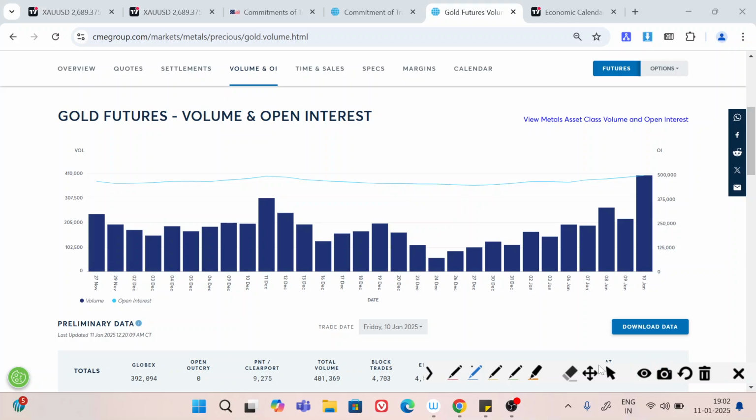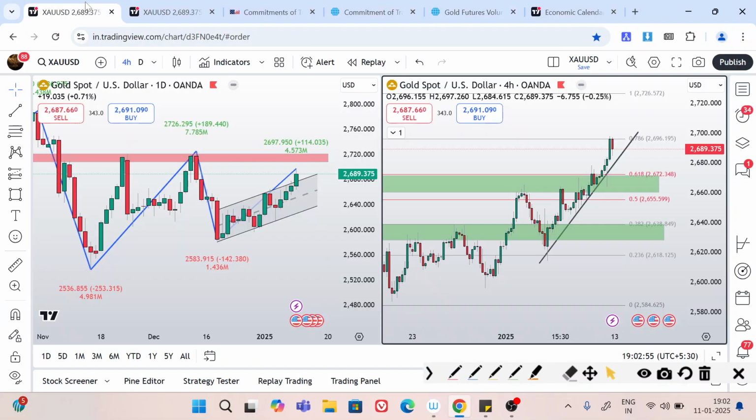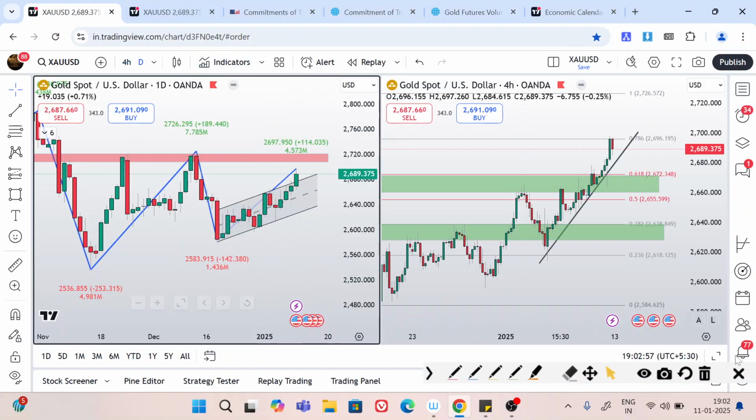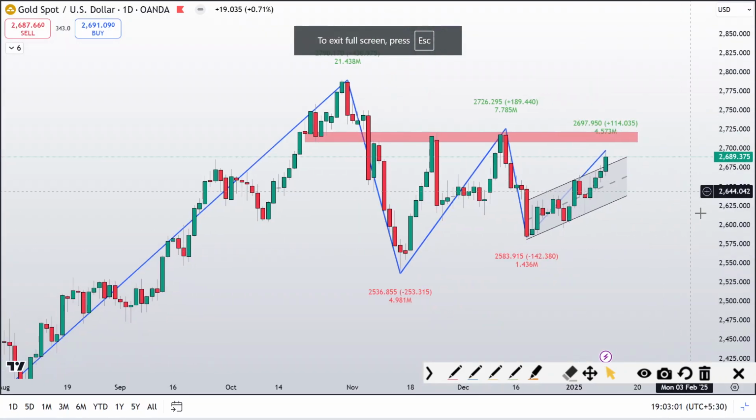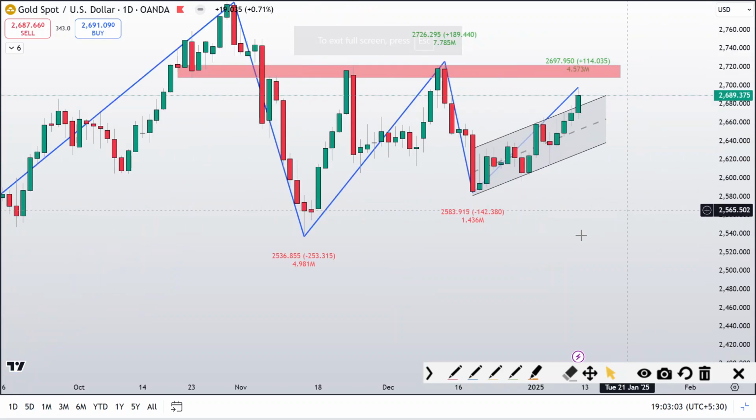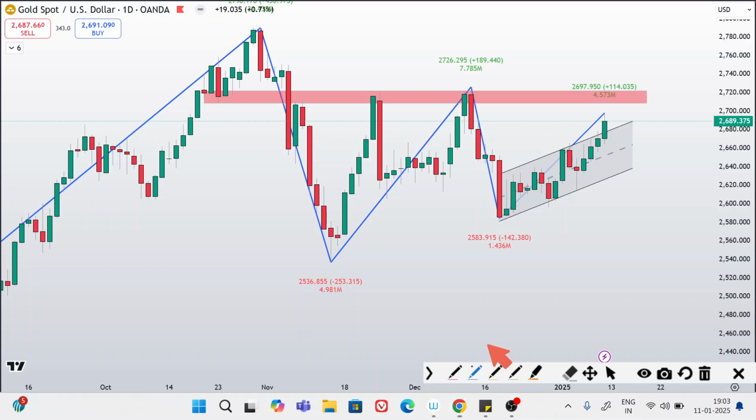So now let's move on to price action, and we are going to start with the daily time frame first. If you remember my previous week analysis video, we already discussed this, but let's repeat again. Overall this is the major resistance area.